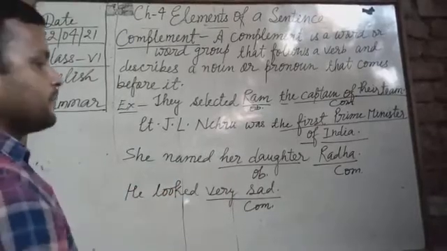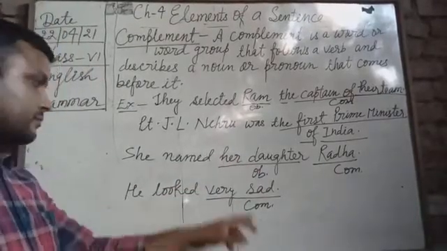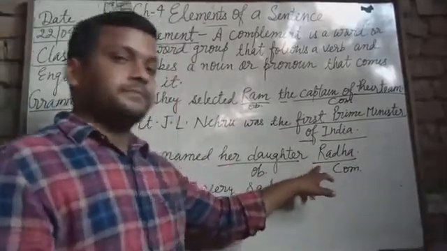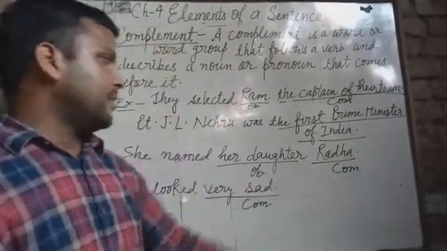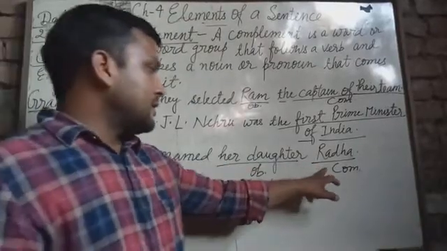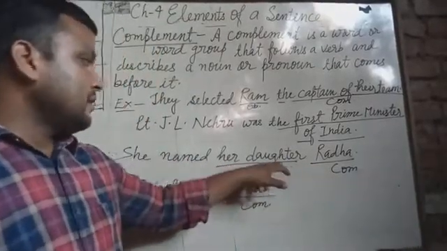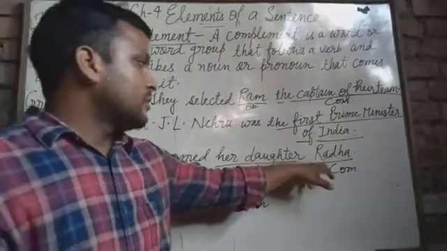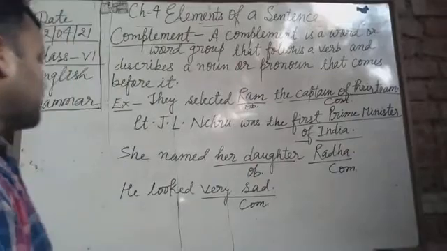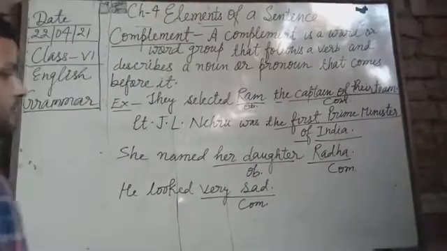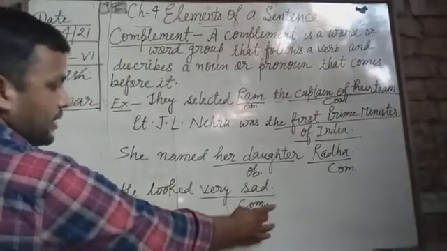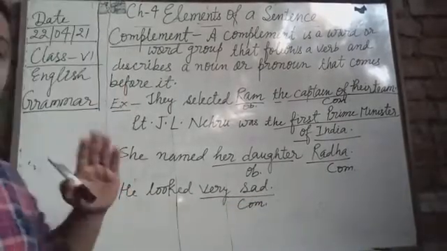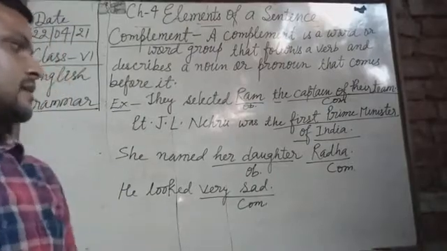Her daughter is an object, and Radha is a complement, describing the noun that comes before it. And here, he looked very sad. Very sad is a complement. It is not an object because it is completing the sense of the sentence.